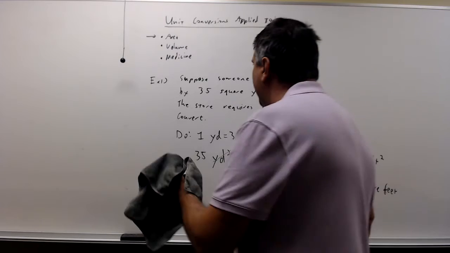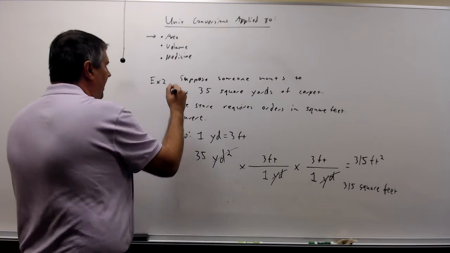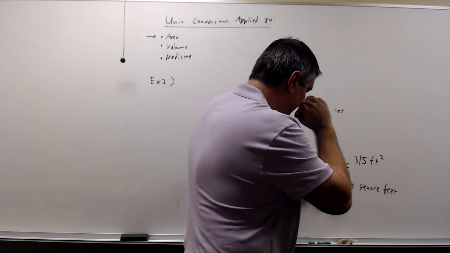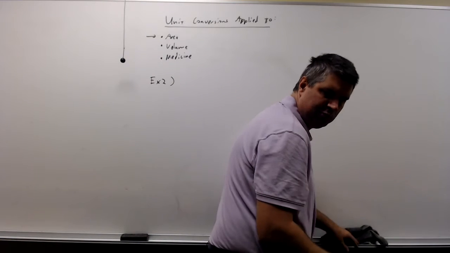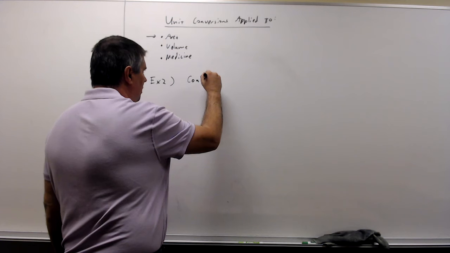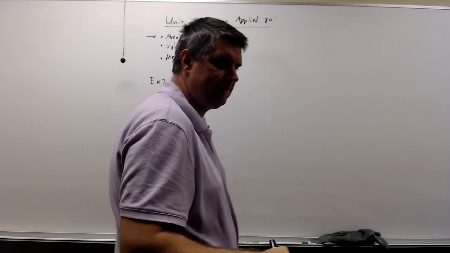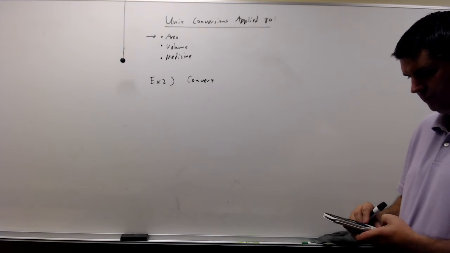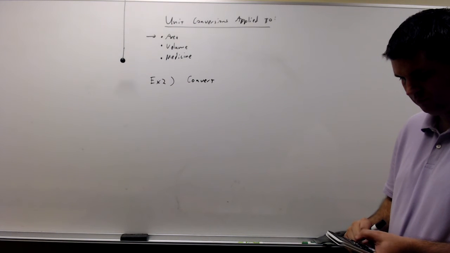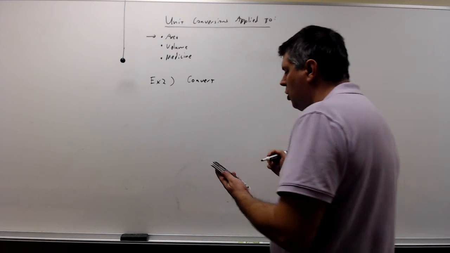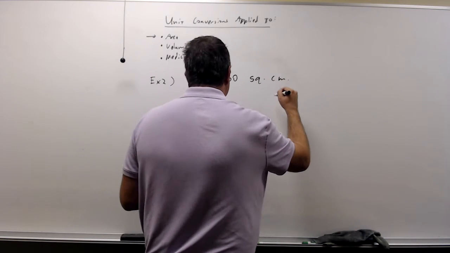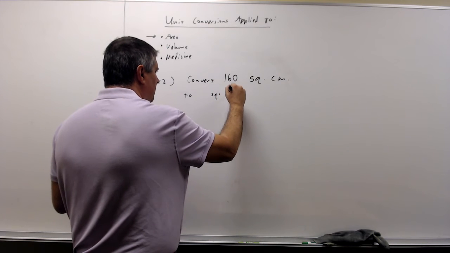All right. Example 2 of area. Convert 160 square centimeters to square inches.